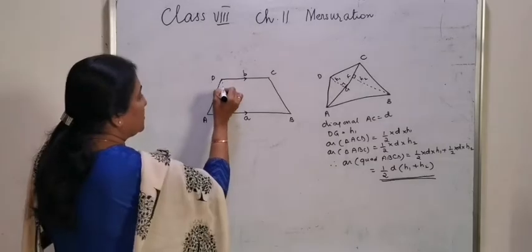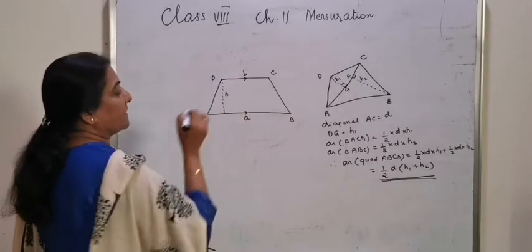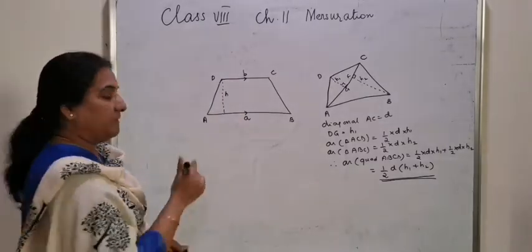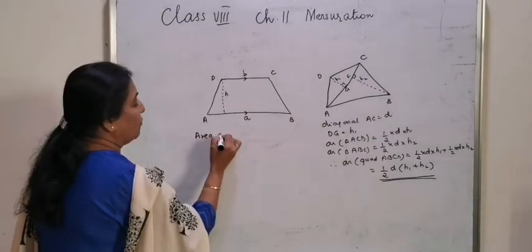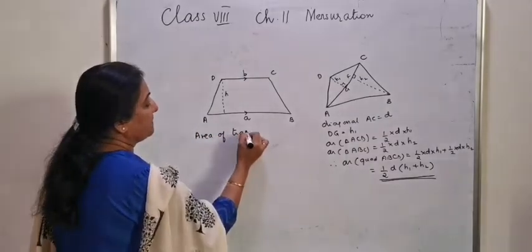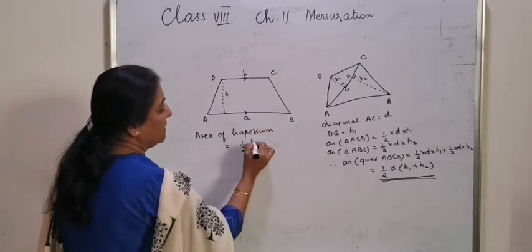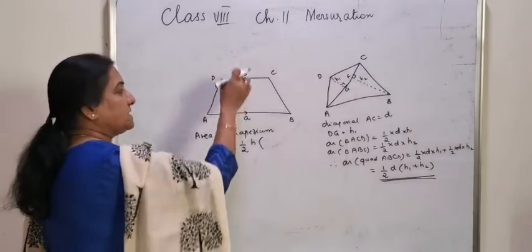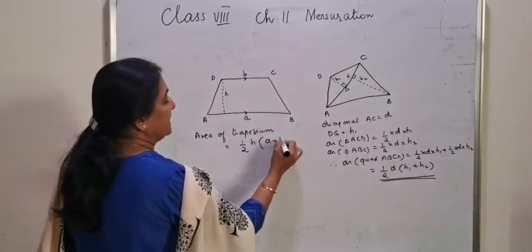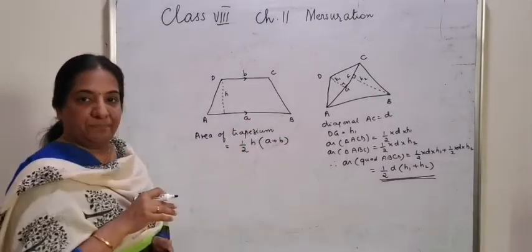Let h represent the height of this trapezium, then the area of trapezium can be found out using the formula half h into the sum of the parallel sides, a plus b.